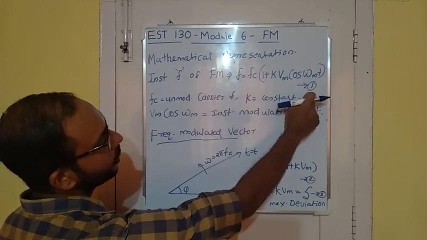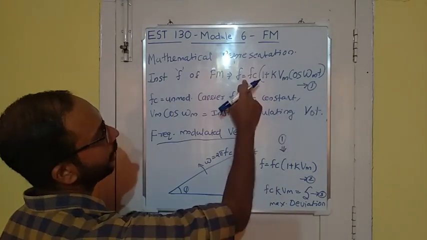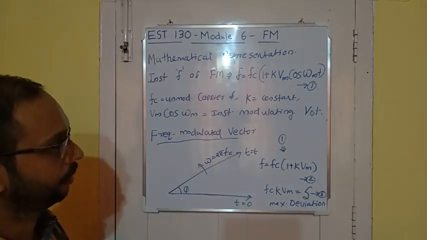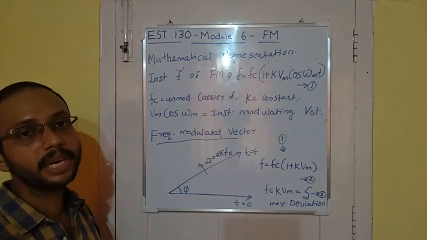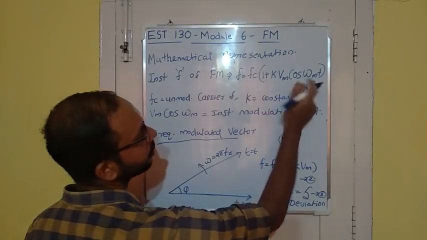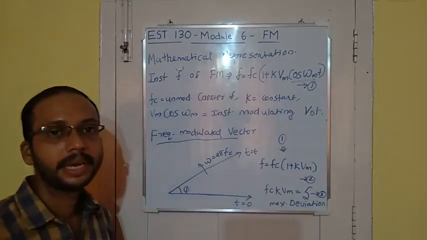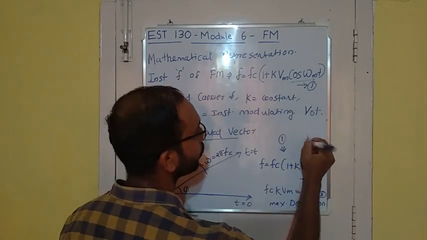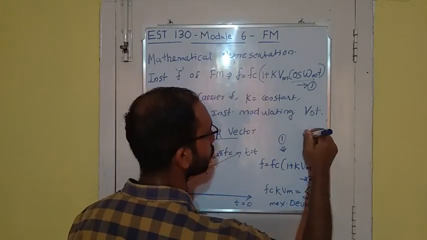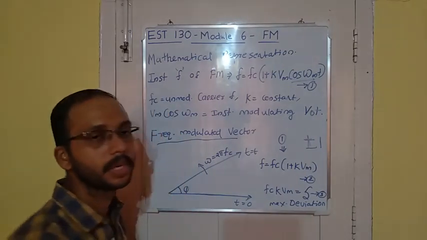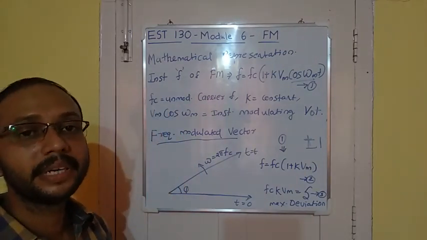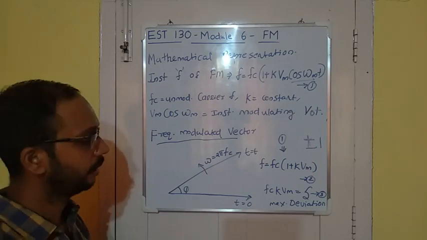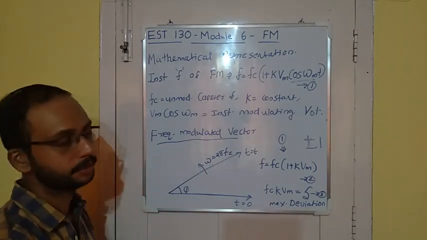So we know the equation number 1, f is equal to fc into (1 plus k Vm cos omega m t). The maximum deviation is possible when this cosine term gets its maximum value plus or minus 1. When the cosine term gets its maximum value plus or minus 1, there is maximum deviation.